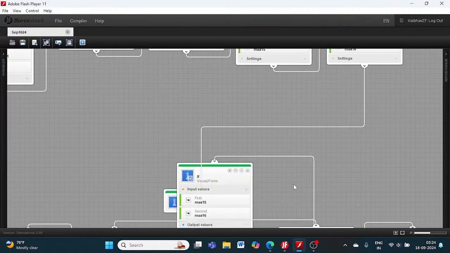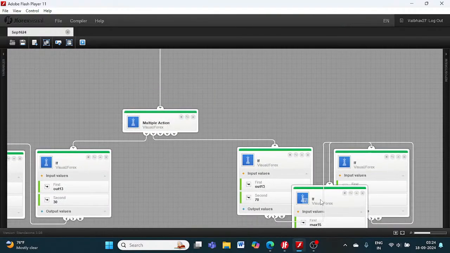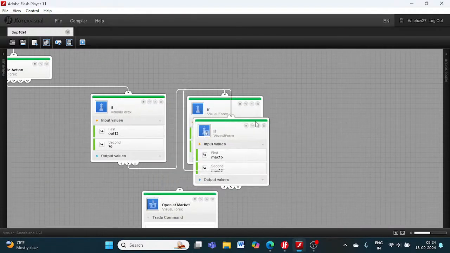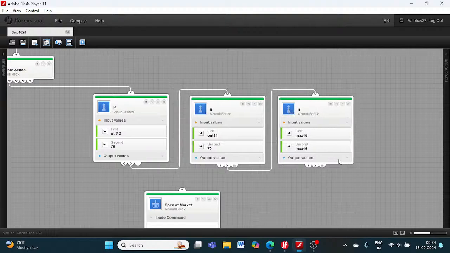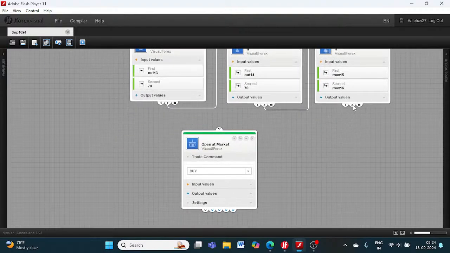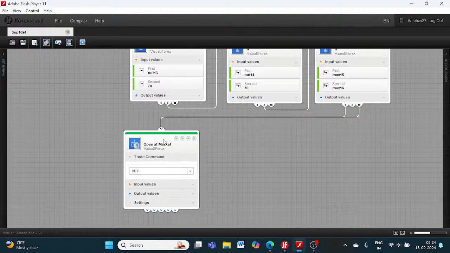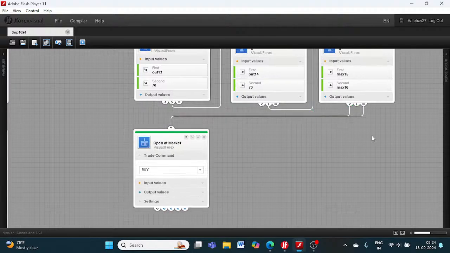And then we go for the execution of the trade. So for this, maximum needs to be less or equal.